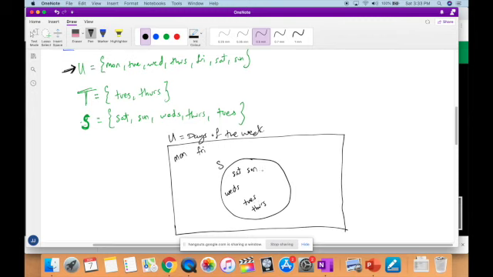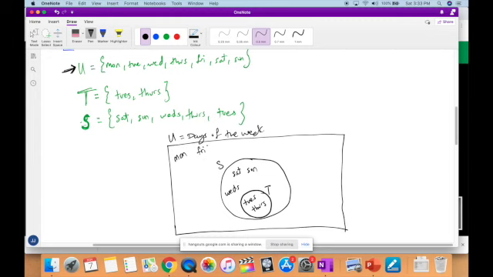So we see here that we have the set S, and we also see here that Tuesday and Thursday give me the set T. And you could see that the entire set T is inside of the set S. Makes sense to you all?